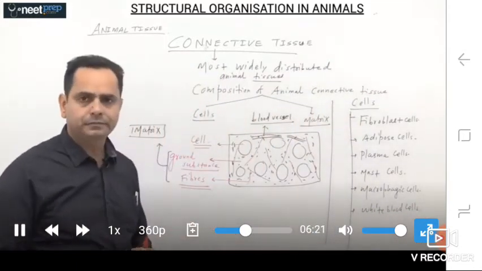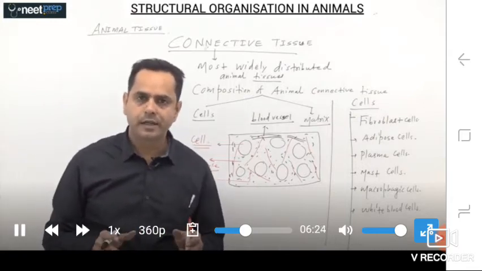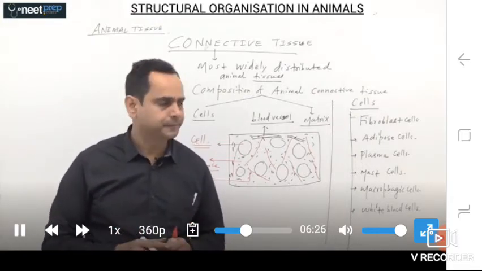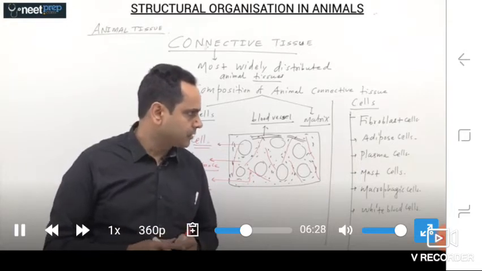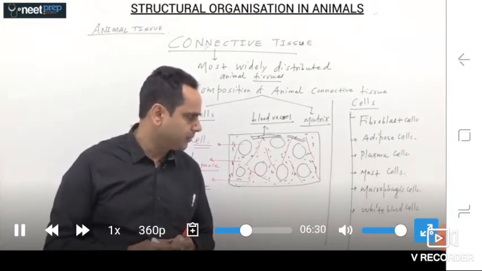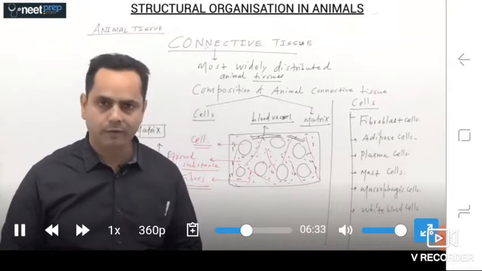So typically, connective tissues contain different type of cells: fibroblasts, adipose cells, plasma cells, mast cells, macrophage cells, and white blood cells.